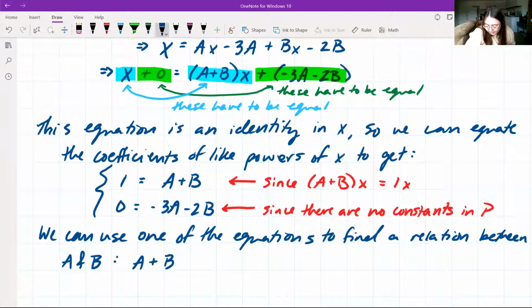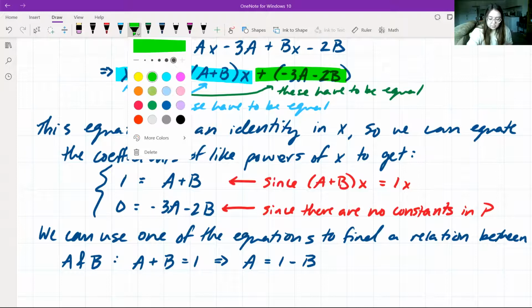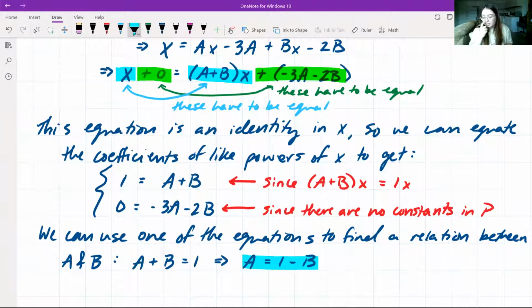If A plus B is equal to 1, this means that we can state A is equal to 1 minus B. So that's the easiest way. We state A is equal to 1 minus B. Let's just highlight that for now. So that anytime we see A, we can replace A with 1 minus B to have an equation in terms of only B. Our only other equation in this case is going to end up being 0 is equal to negative 3a minus 2b.